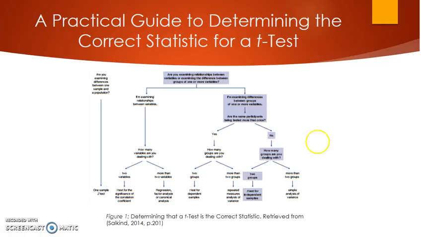So if you follow the area in blue on this flow chart, you're going to see if the same participants are being tested more than once, and the answer is no, how many groups are you dealing with? If you're dealing with two groups, then the t-test for independent samples is the correct statistic that you should be using.